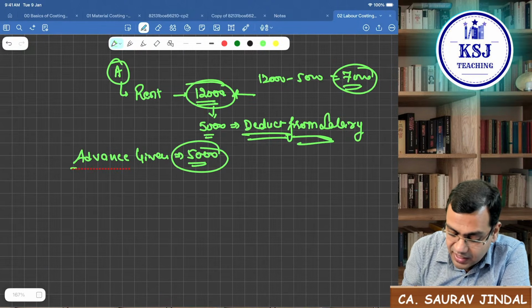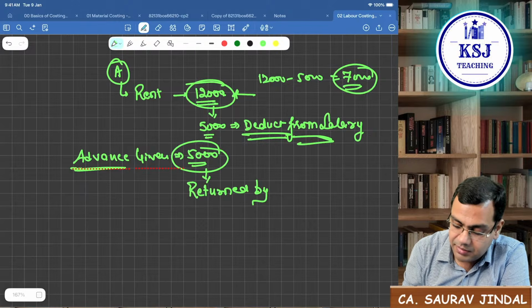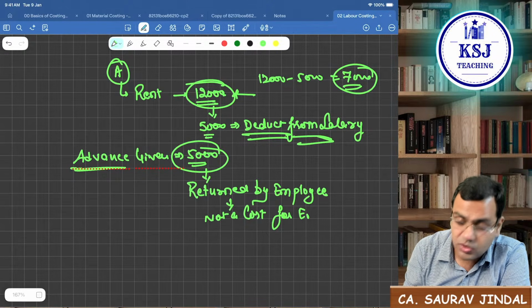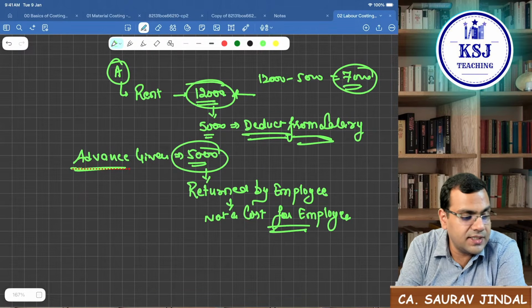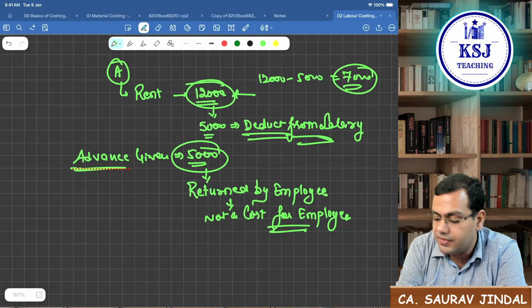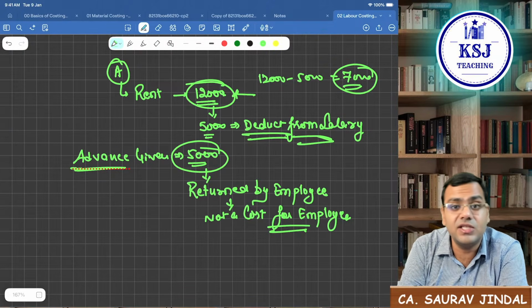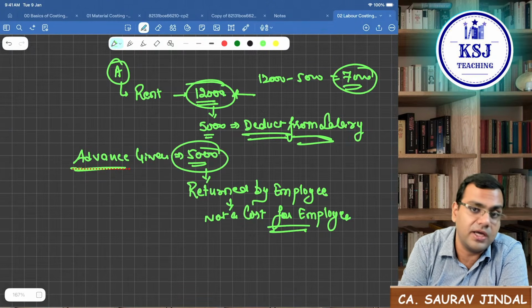But in case of an advance, this money will be returned by the employee. So this is not a cost for the employer. If they ask you a question on this, about what all is included in the labor cost for the employer, you have to be careful about which expenses are being paid by the employer where the money is not going to be returned to the employer by the employee.